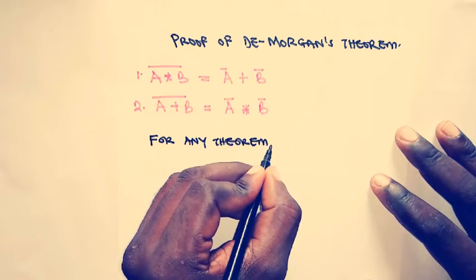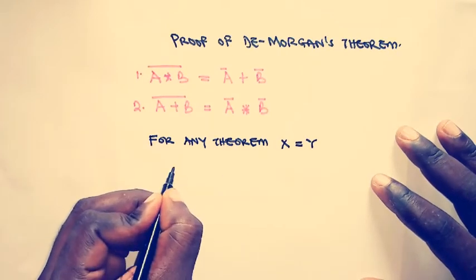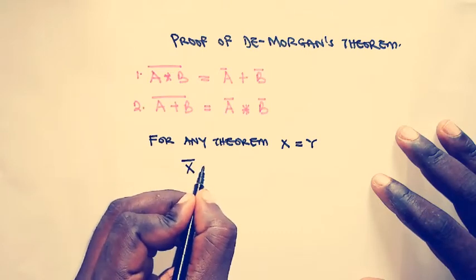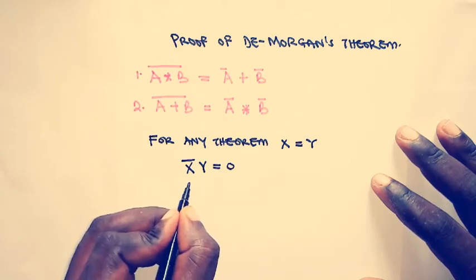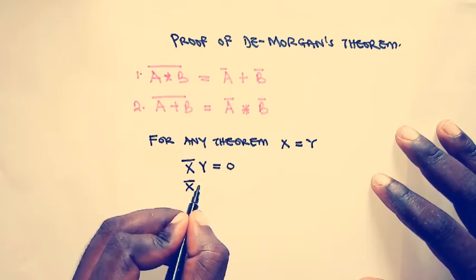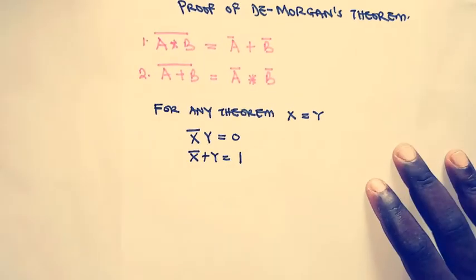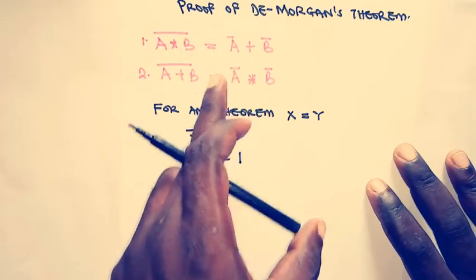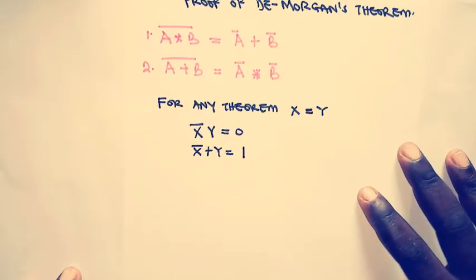For any theorem, where we say, for example, x is equal to y, we must be able to show that x̄ multiplied by y is equal to 0, and that x̄ plus y must be equal to 1. If we are able to show that this holds true for De Morgan's theorem, then we have successfully proven it. So we can use this to prove De Morgan's theorem.